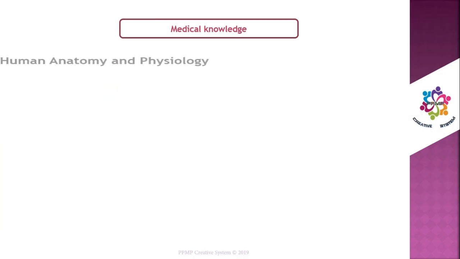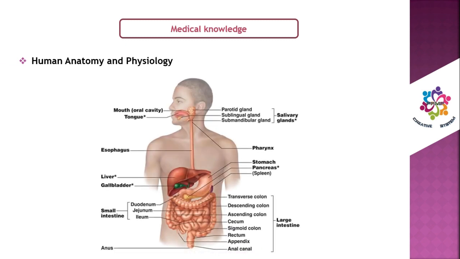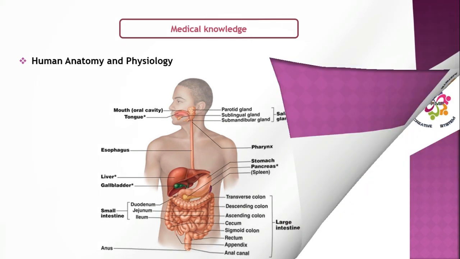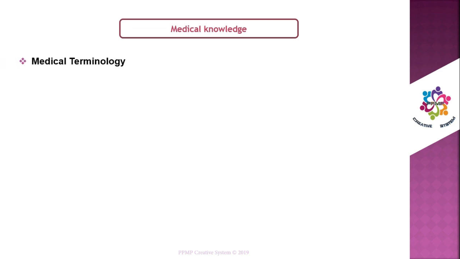Example, digestive system. Here you first explain the meaning of digestion, then explain what the anatomy and body organs involved in the digestion process are, with their functions. Medical terminology. Medical terminology is the language used to precisely describe the human body including its components, processes, conditions affecting it, and procedures performed upon it.